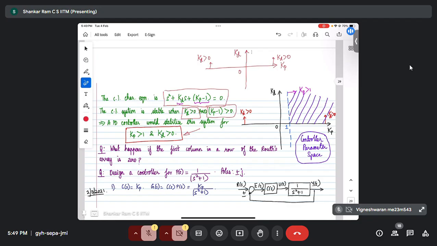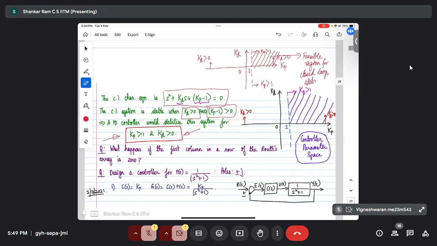KP greater than 1 means we draw a vertical line at 1 and all points to the right of this line are KP greater than 1. So now we are looking at the feasible region, which is the intersection of the two conditions, KP greater than 1 and KD greater than 0, which is this. So this is the feasible region for closed loop stability.